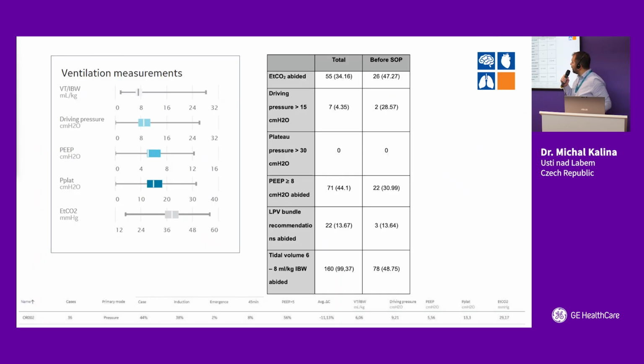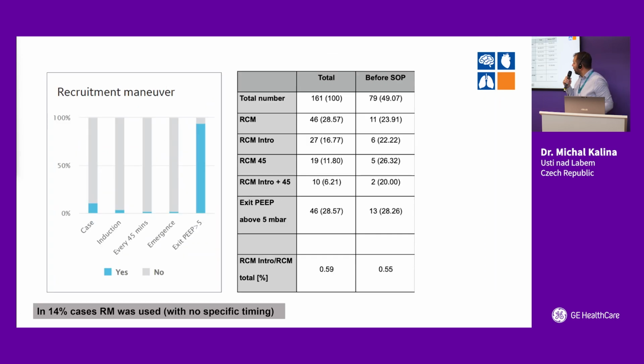You can see here the detailed statistic of ventilation measures before we did the intervention, and as you can see, these were the most well-known qualities of IOLPV, and we adhered to these quite well. But the biggest problem, as I told you, was the recruitment maneuver. So we focused the education and the SOP on recruitment maneuvers.